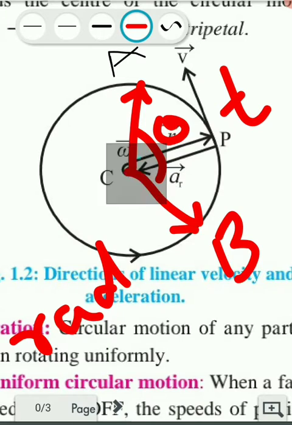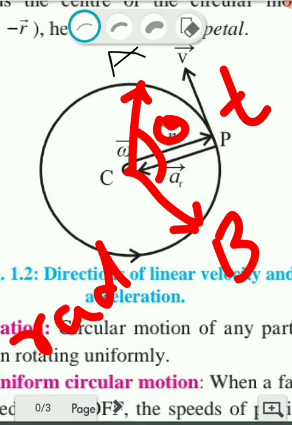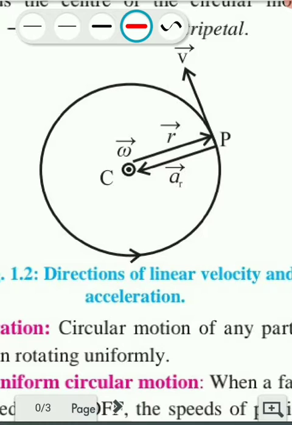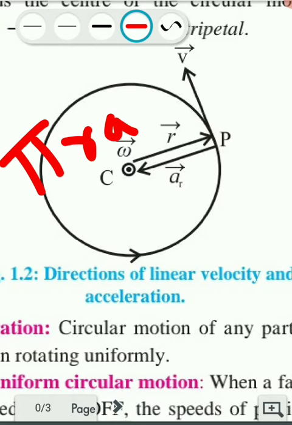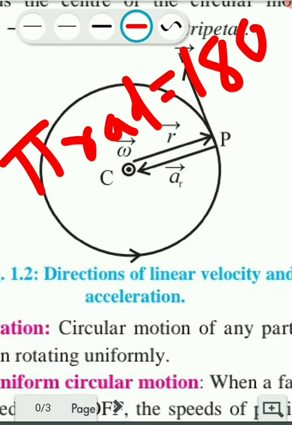We are all very well aware of the relation between radian and degree. We can also measure angle in degree. So we have to know the relation between radian and degree. We know that pi radian is equal to 180 degree.